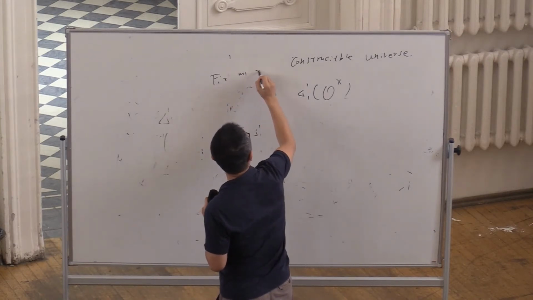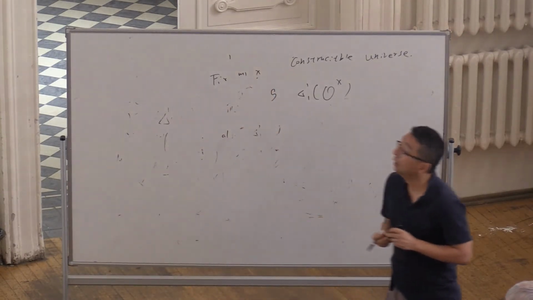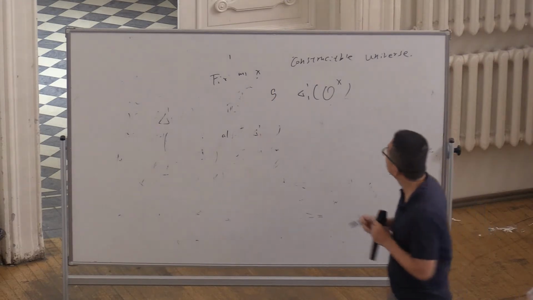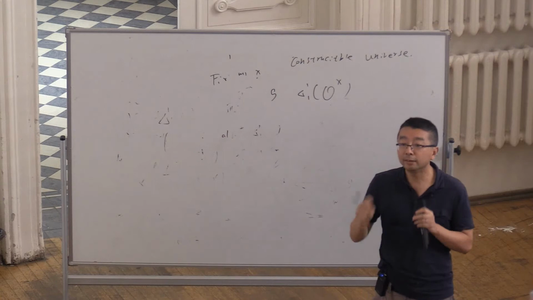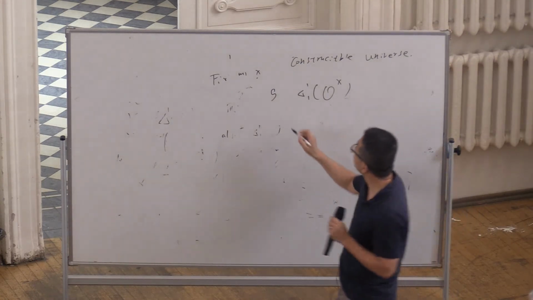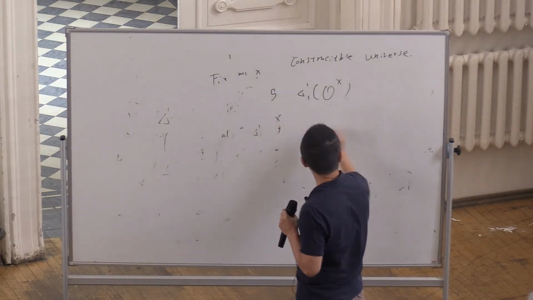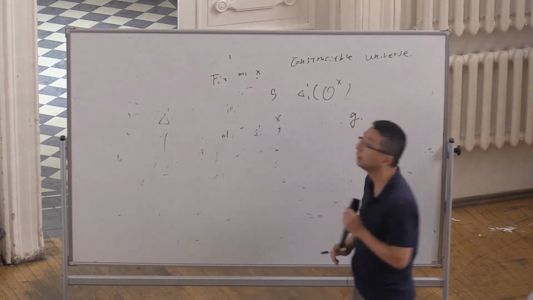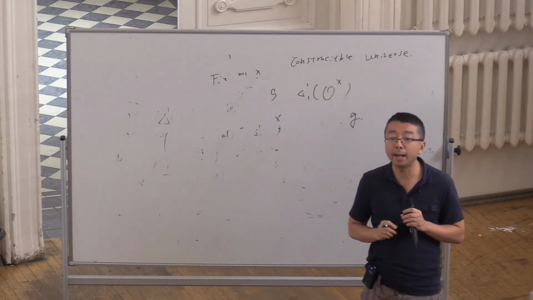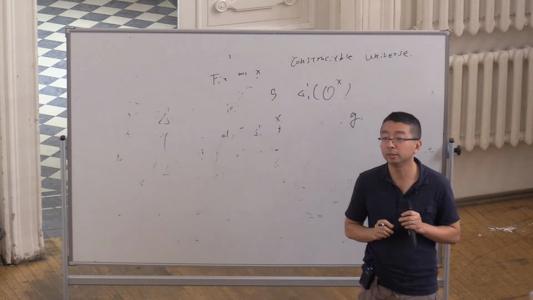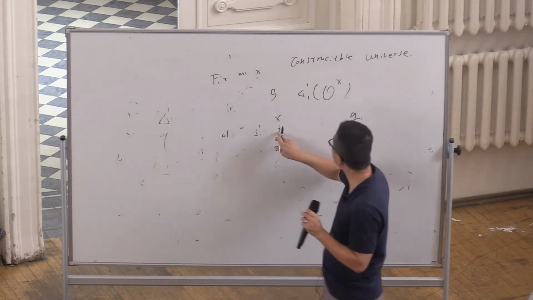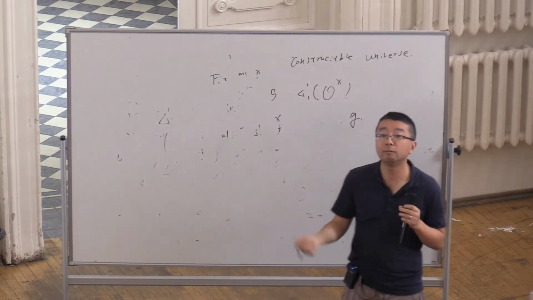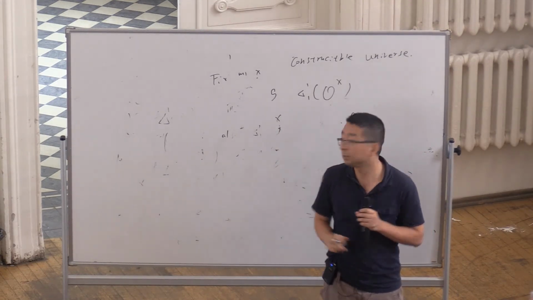Let G be Δ¹₁ generic over x. Then x and G form a minimal pair in the Δ¹₁ degrees. A minimal pair is just a pair of degrees such that everything below both of them must be Δ¹₁. So they form a minimal pair.